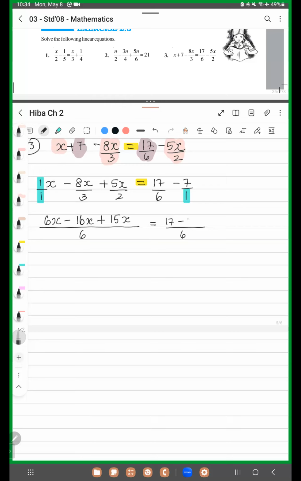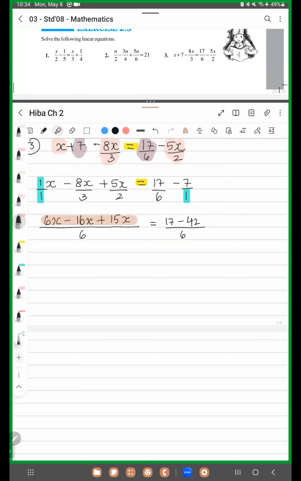Very good. 42. Hiba, you have to get quicker at calculations, okay? Okay. अच्छा, अब आप इसको सॉल्व करें, इसके न्यूमरेटर को और इसके न्यूमरेटर को. What is the numerator here? 6x minus 16x plus 15x.